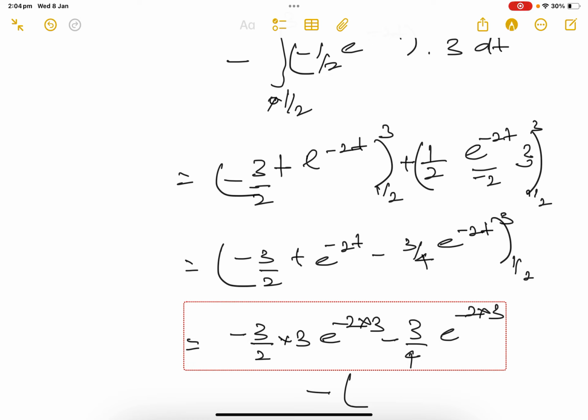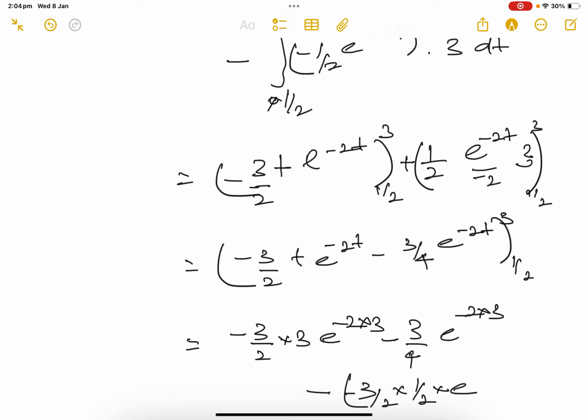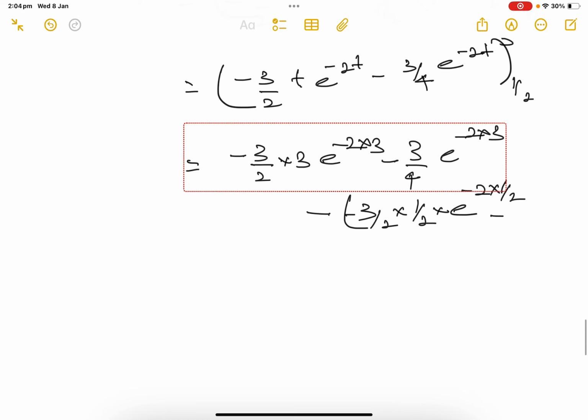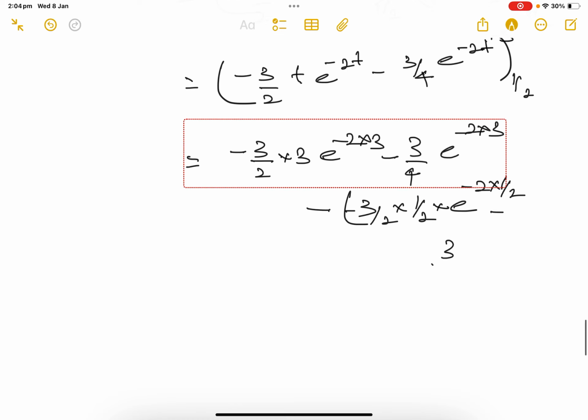Inside the bracket: minus 3 over 2 times half times e to the minus 2 times half, minus 3 over 4 e to the minus 2 times half.